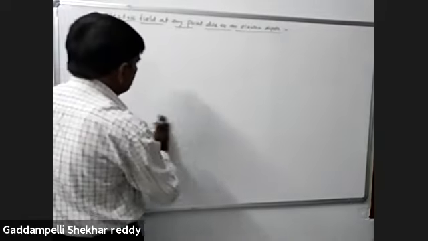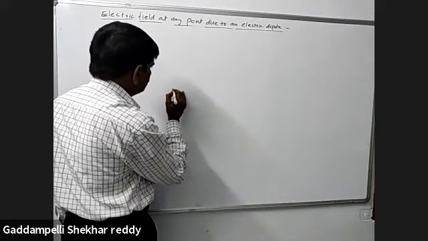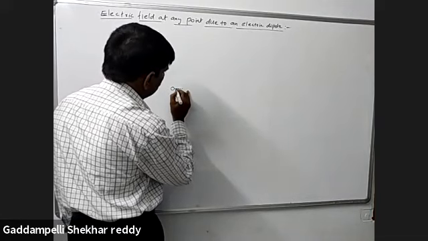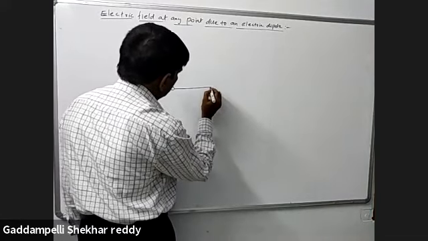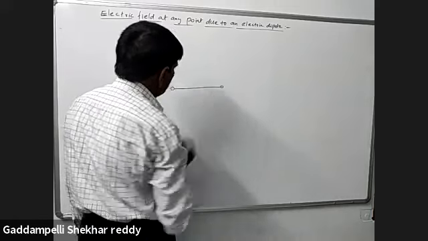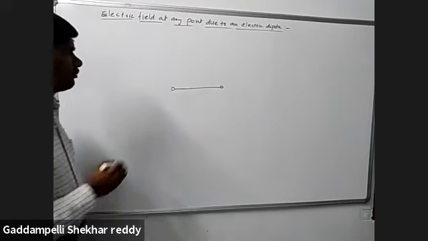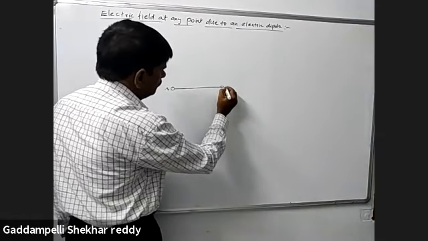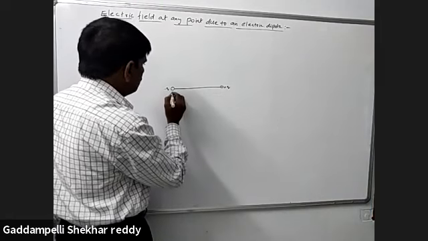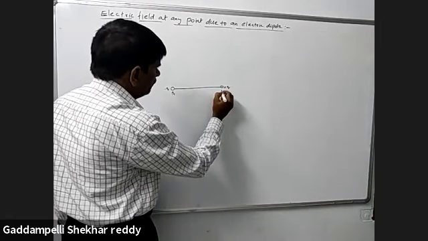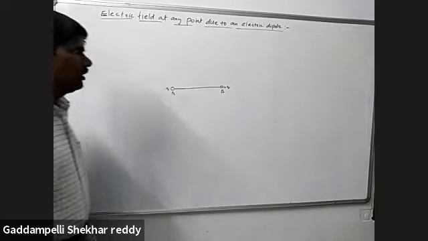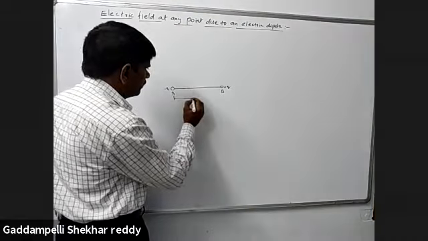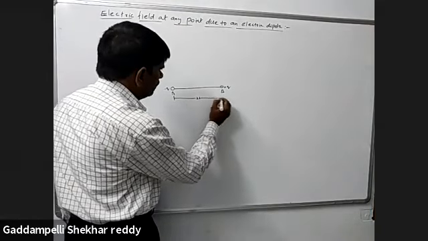Now consider an electric dipole. The charges are minus Q at point A and plus Q at point B. That is the dipole length.